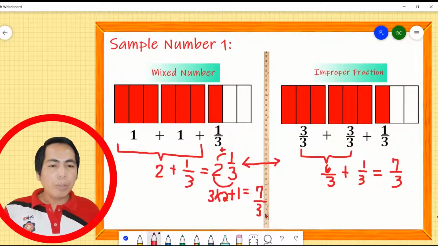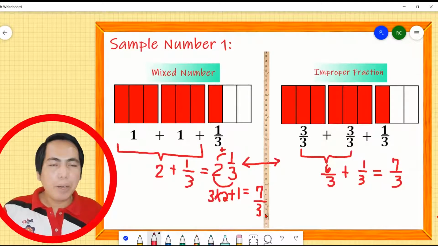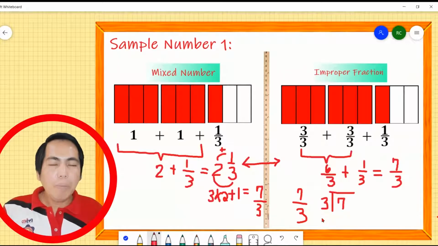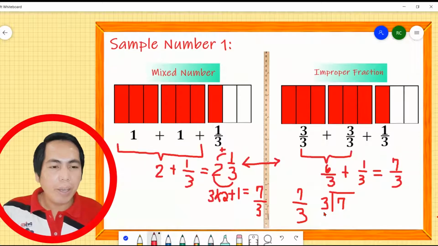Now, how about if we have the improper fraction 7/3, how are we going to rename that into a mixed number? When we have 7/3, we know that a fraction also shows division. So in other words, we are simply dividing 7 by 3. How many 3s can we get from 7? We can only get 2 of 3 from 7.